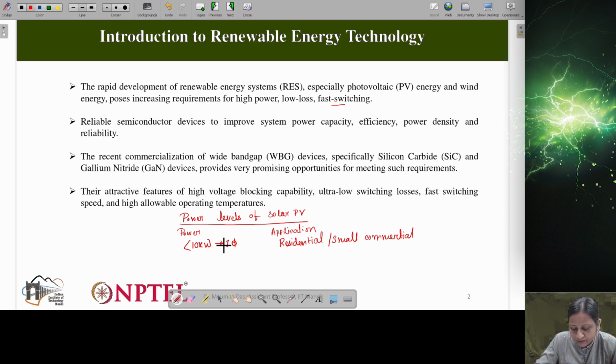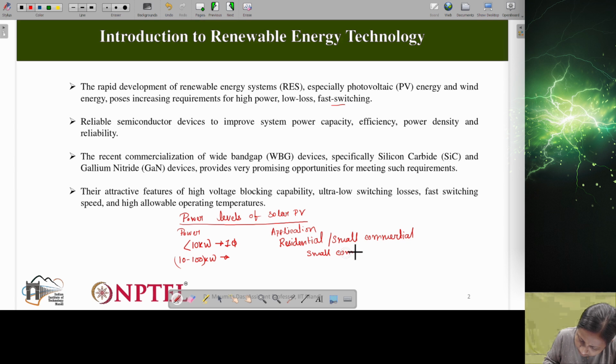Now if the power level is between 10 and 100 kilowatts, here it is mainly focusing on small commercial applications, not residential.